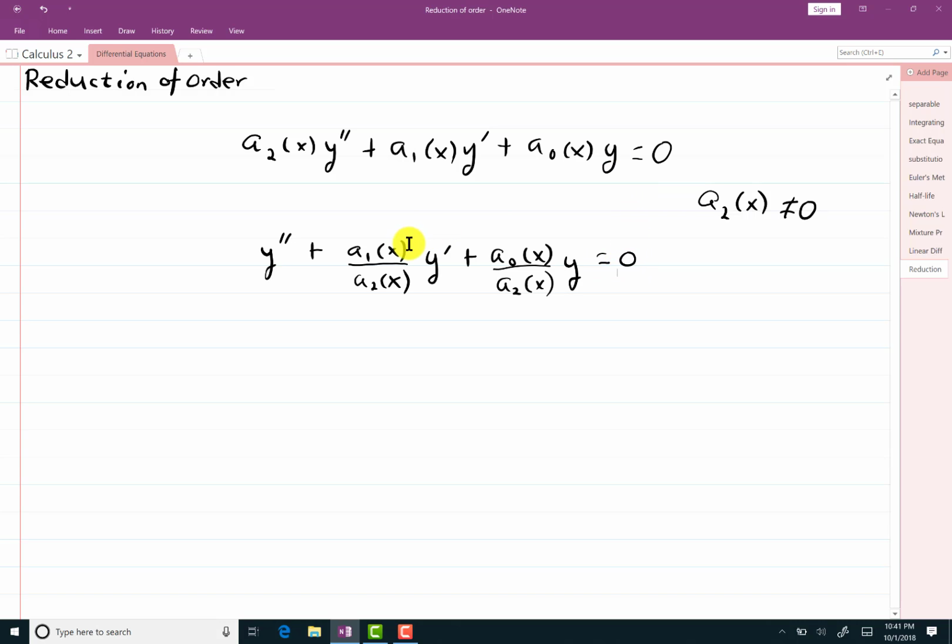And then, of course, these can be whatever rational functions they may happen to be. They can be more complicated than that.